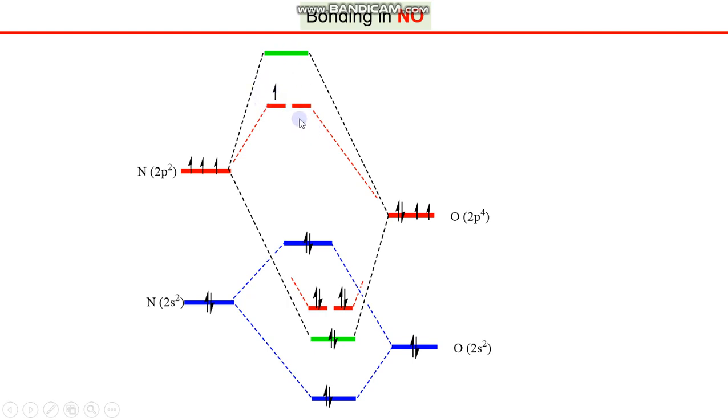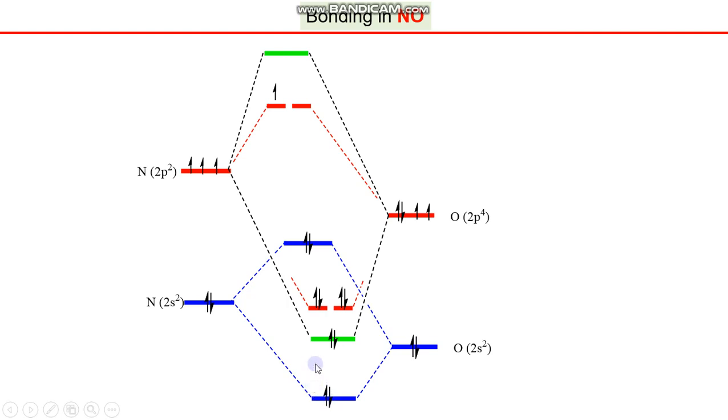Now coming to the polarization of these LUMO and HOMO orbitals. The atom which is involved in bonding and possesses high electronegativity, we represent on the right-hand side, and its counter atom with low electronegativity on the left-hand side. So accordingly we have to polarize our molecular orbitals on these atoms.